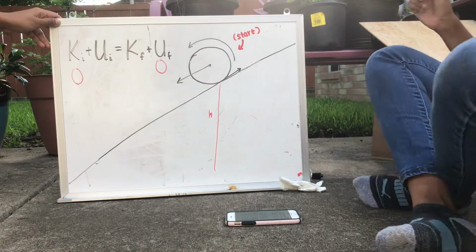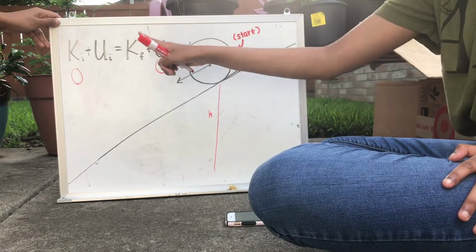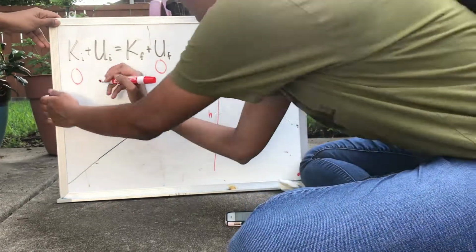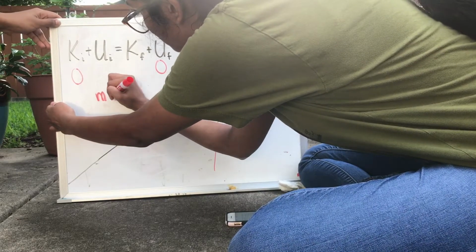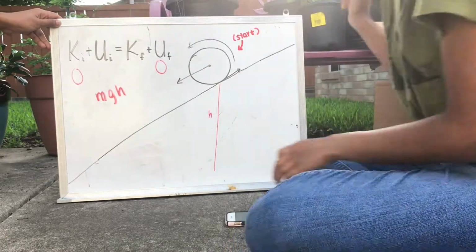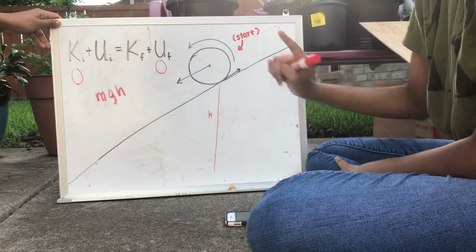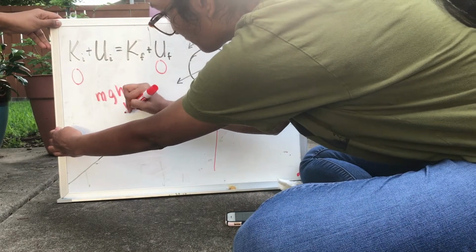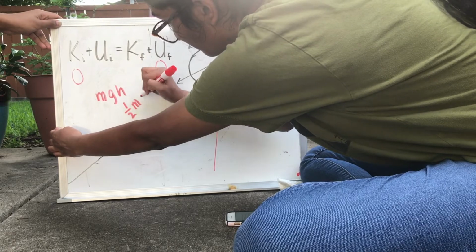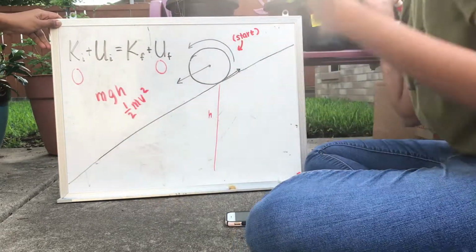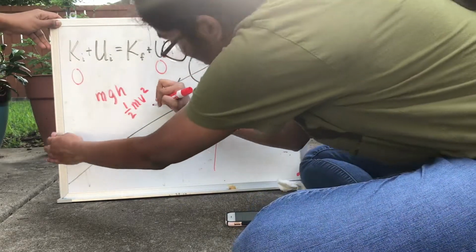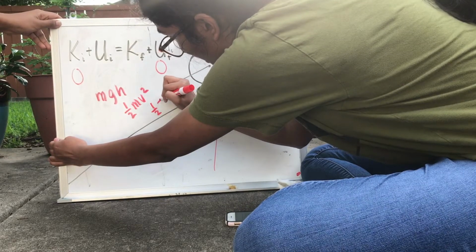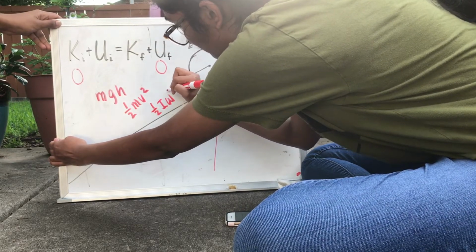So initial potential energy is going to be mgh. And then we have two types of kinetic energy. We have our translational, 1/2 mv squared, and our rotational, 1/2 I omega squared.